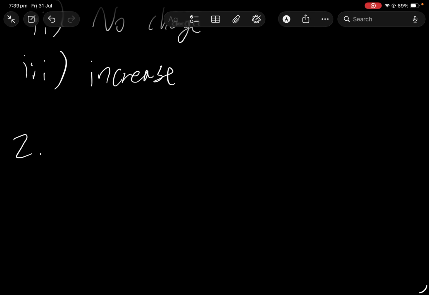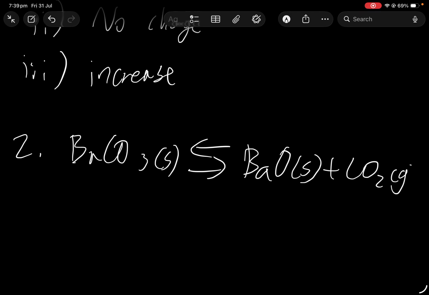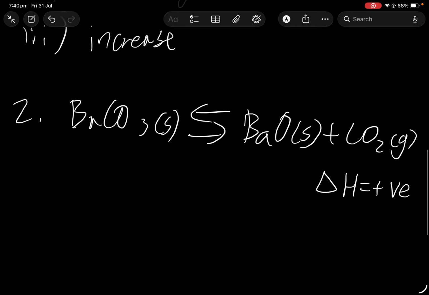And for the next question, it says when barium carbonate is heated, it decomposes into barium oxide and carbon dioxide. So the equation is here: barium oxide and CO2 gas, with a positive change of heat.